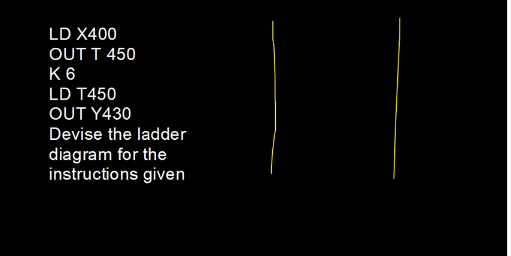So, LD X 400, so your X 400 would come here, then that will activate one output device. In this case, it is T 450, T 450 is the output device here with K, that is the setting of 6. So, this is my X 400.